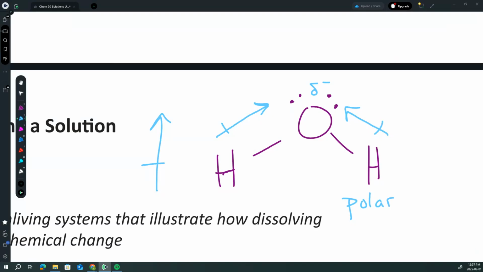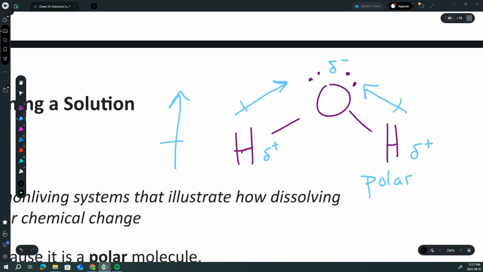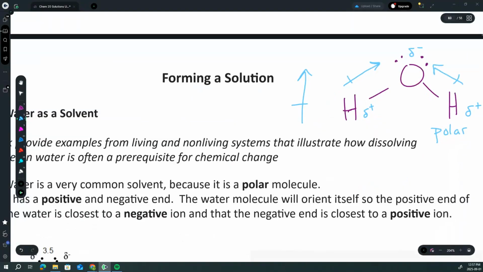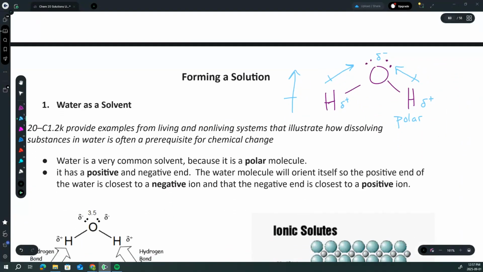Because the electrons are leaning towards the oxygen within their bonds, the hydrogens are going to be delta positive, a slightly positive charge, because there's fewer electrons by the hydrogens. That's what we mean when we say that water has a positive and a negative end.